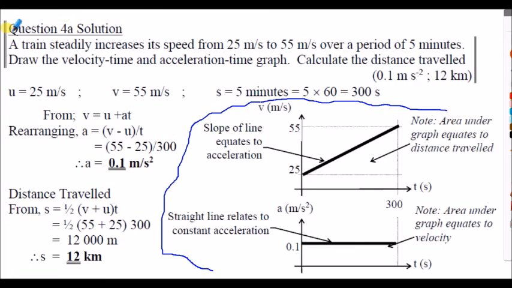Solution to question 4A, calculating here the acceleration and also the distance travelled. And we've drawn a velocity time diagram and also in this case an acceleration time diagram. Notice the acceleration is constant. We assume constant acceleration in all these questions.